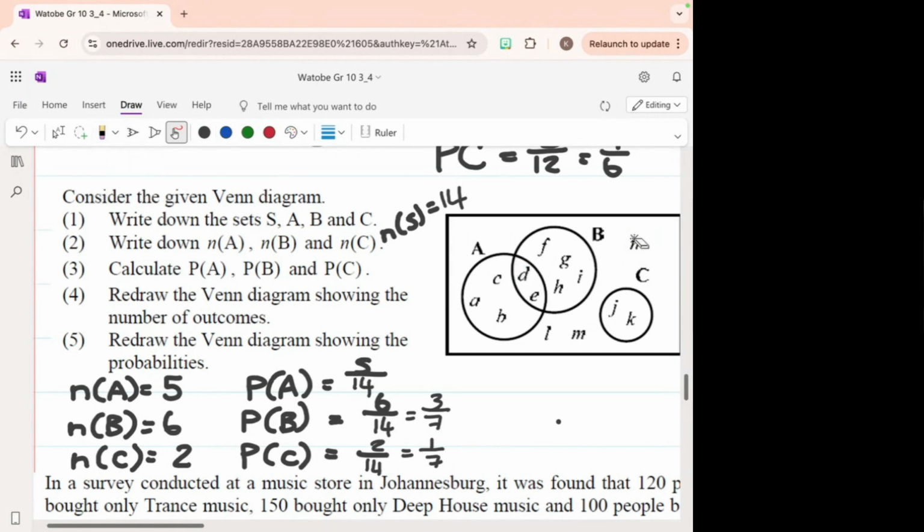Right. Can you go draw this Venn diagram using the probabilities? Go try it out.